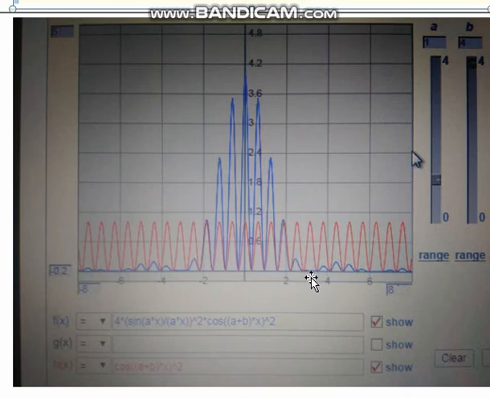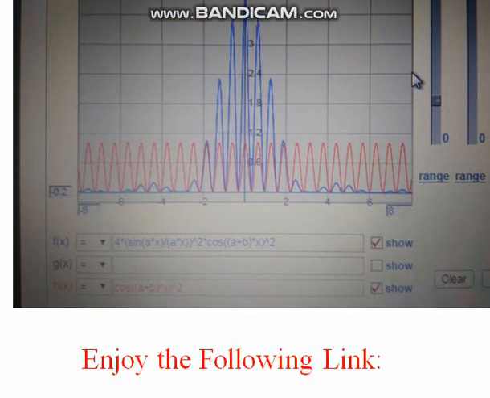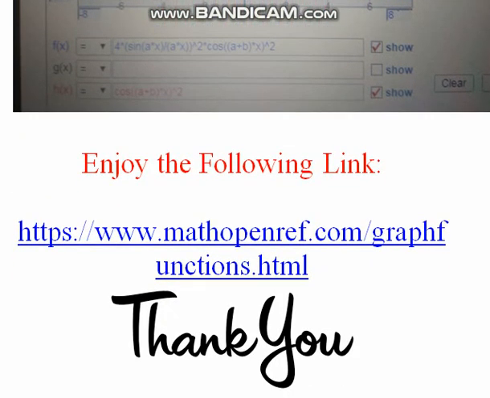This fifth order is missed in the final pattern. You can enjoy this link. It is Math Open Reference. This is the graph generator. You may write the two graphs with different e and d values, and you can check which orders are going to be missed in the final pattern. Okay, thank you.